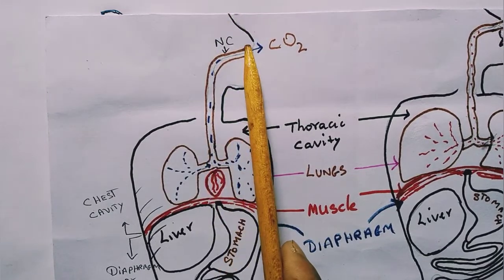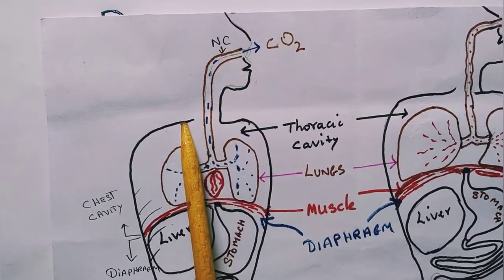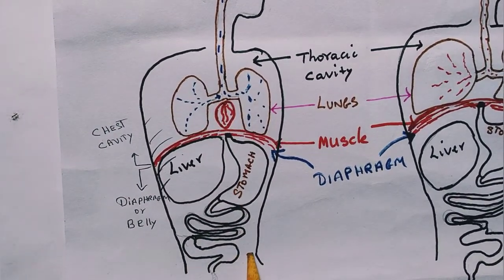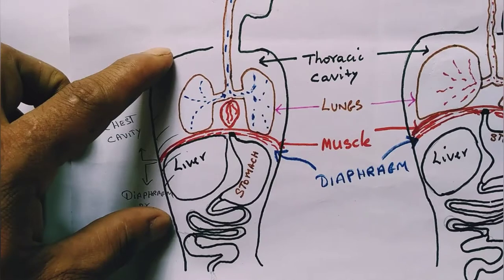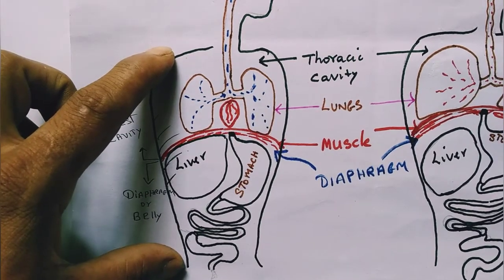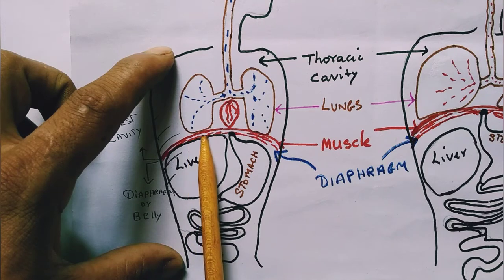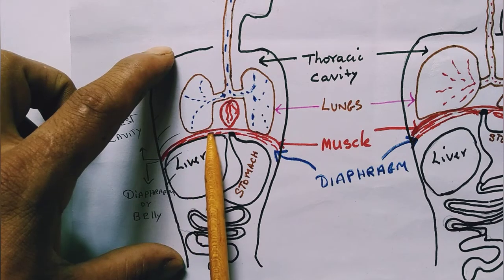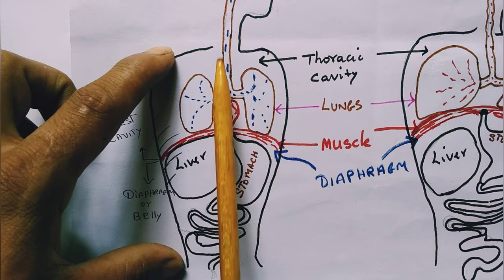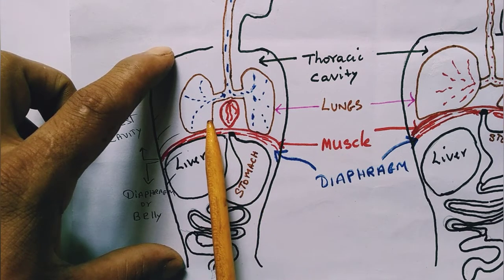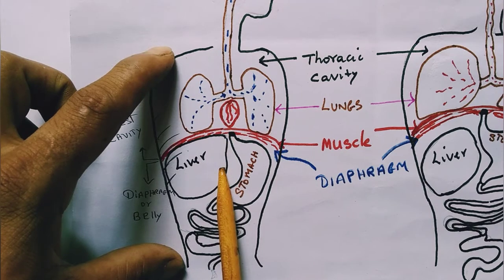The head area, the neck region, the shoulder, and the lower abdomen. Between the shoulder and the lower abdomen, you will find there is one red line here. This represents the muscles, and these muscles divide this area from here to here into two equal parts, the upper parts and the lower parts.